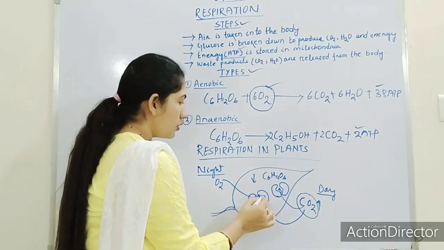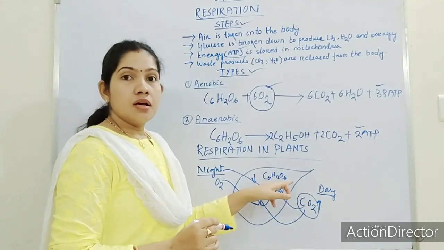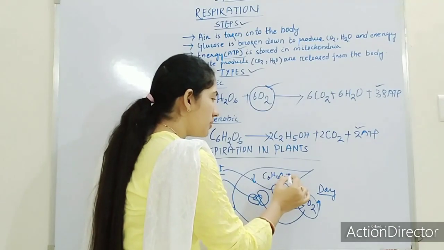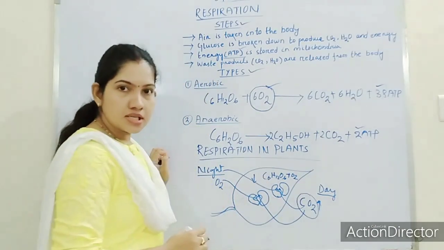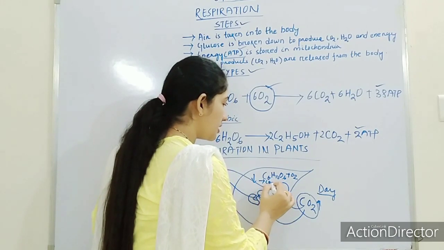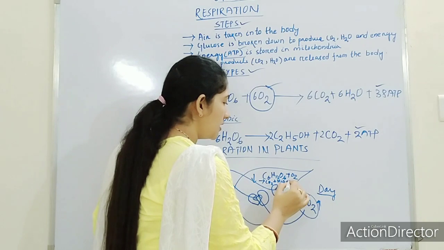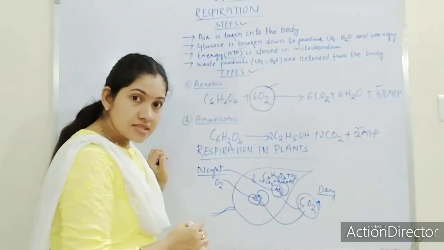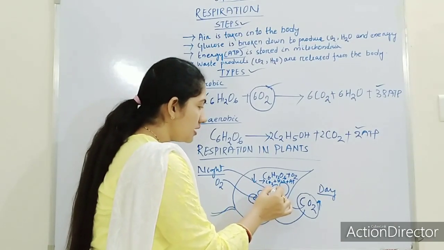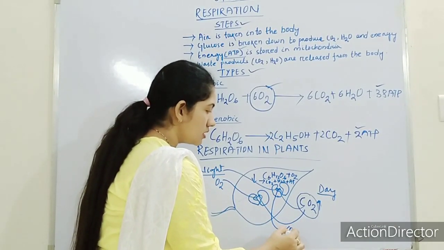When glucose comes in contact with oxygen, the breaking down of glucose takes place to release what? Carbon dioxide, water, and energy. And this carbon dioxide, as a byproduct, will be released out of the stomata.